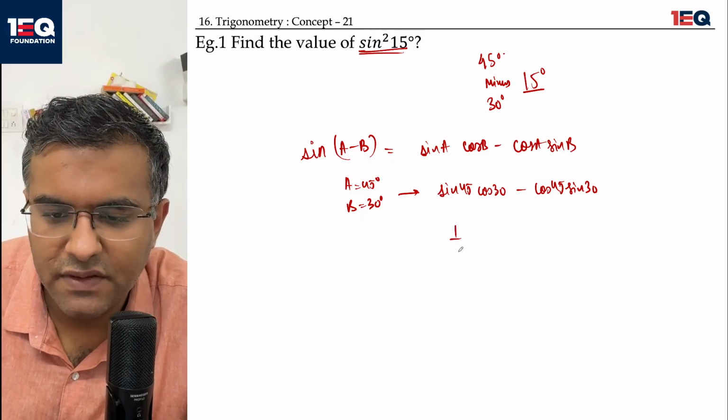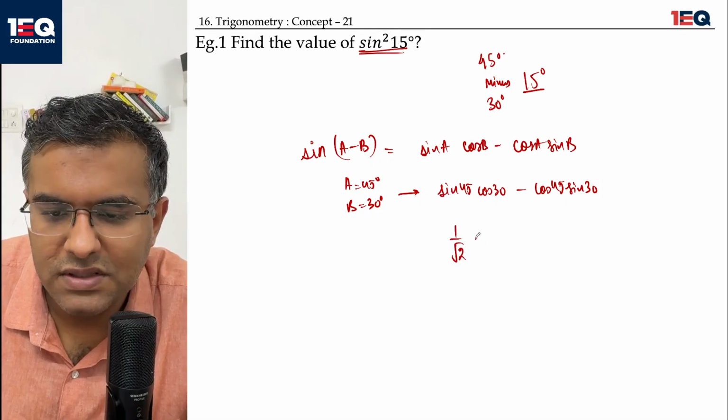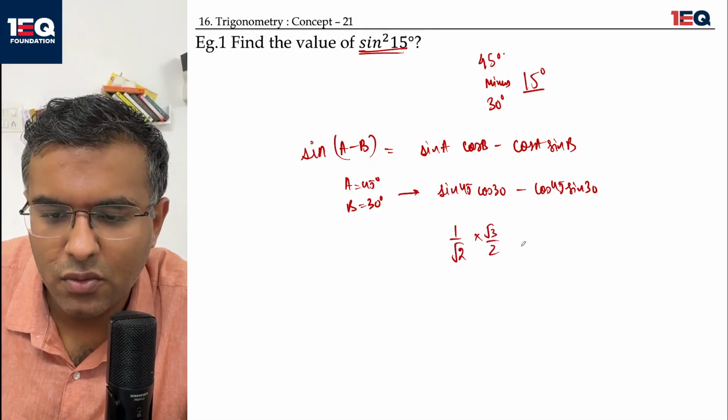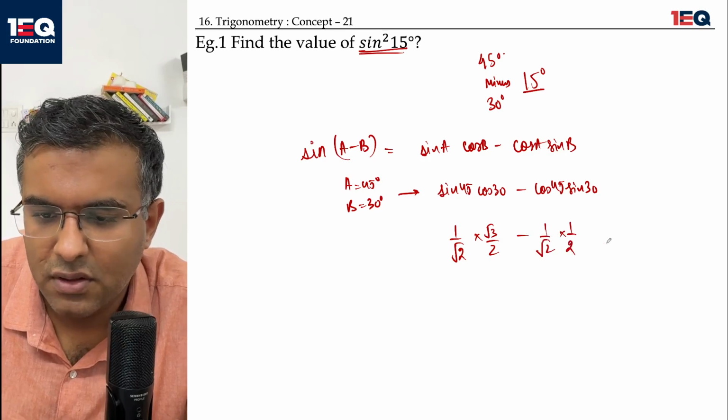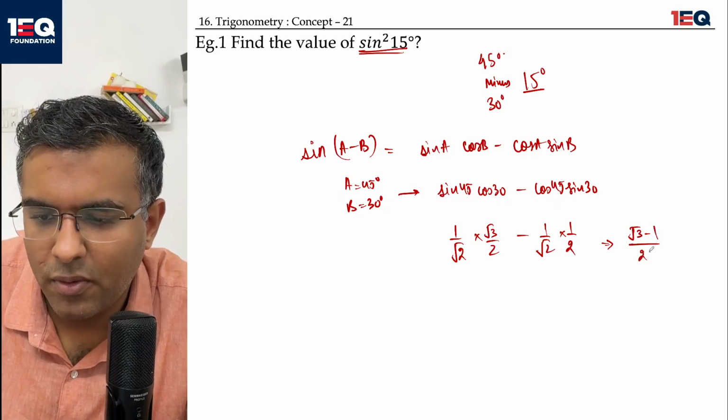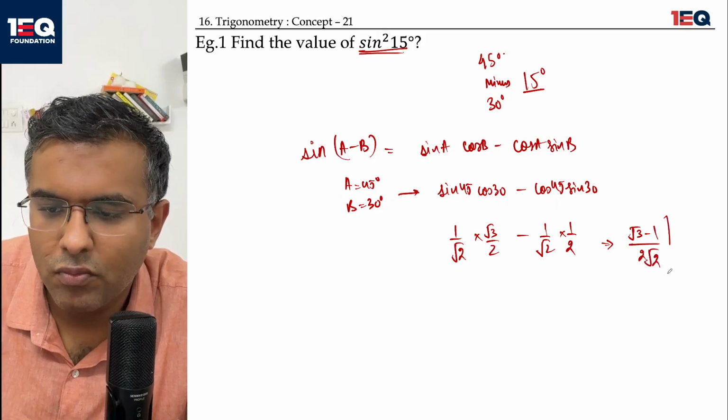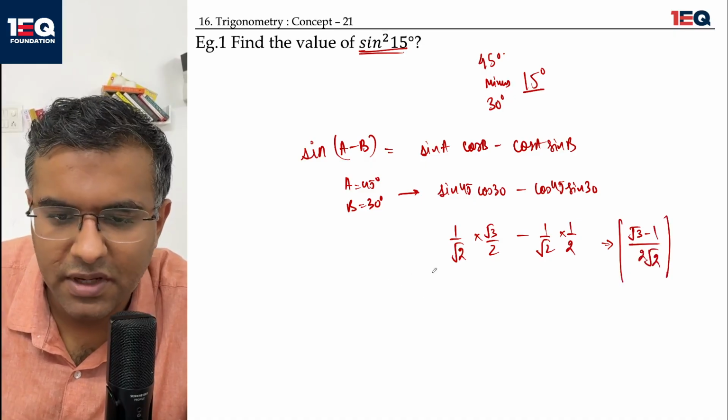So sine 45 is 1 by root 2, cos 30 is root 3 by 2, minus cos 45 is 1 by root 2, and sin 30 is half. So I get the value as root 3 minus 1 whole upon 2 root 2.